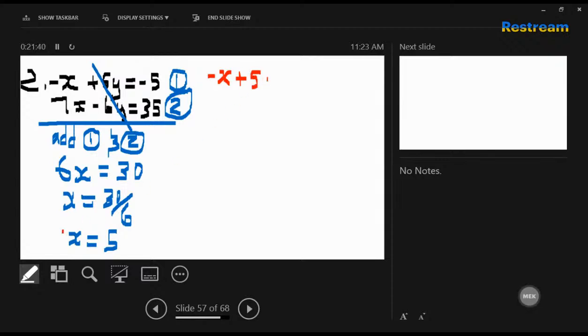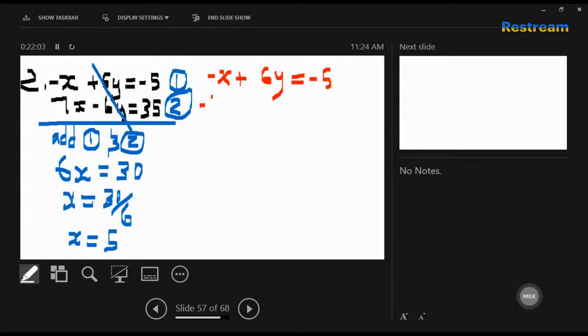Don't just go bam and substitute it. Write back the equation. So negative x plus 6y equals negative 5. And we're going to plug in the value of 5 where x is.